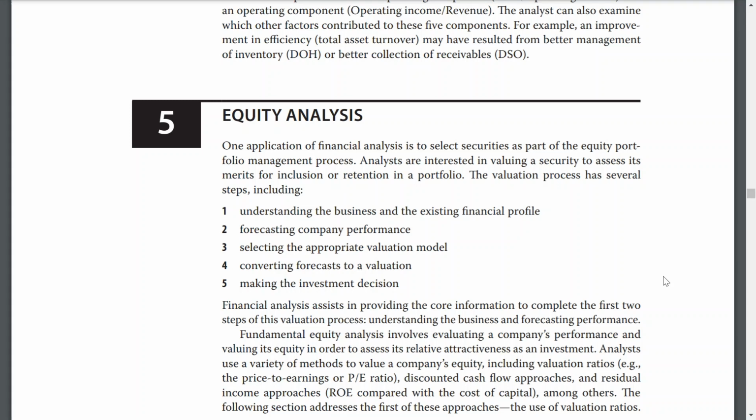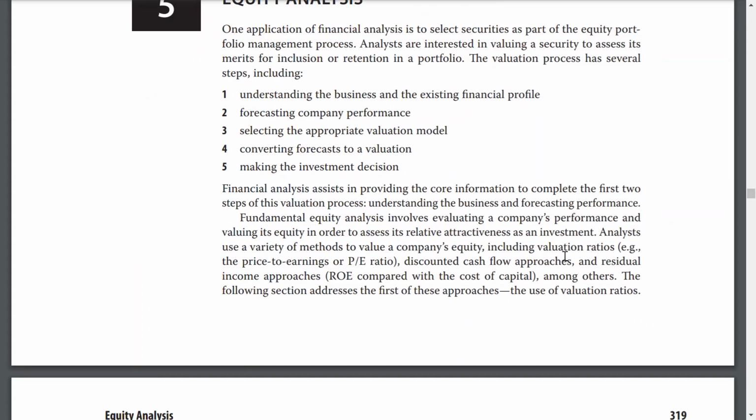The valuation process has several steps, including understanding a business and its existing financial profile, forecasting the company's performance, selecting the appropriate valuation model, making an investment decision. Financial analysts assist in providing the core information to complete the first two steps of the valuation process: understanding the business and forecasting performance.